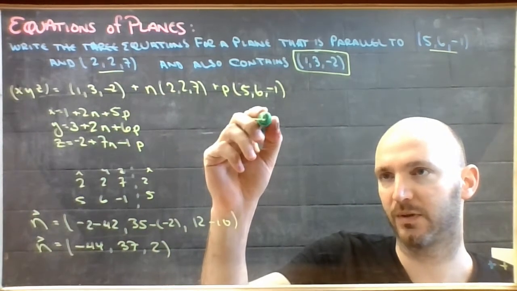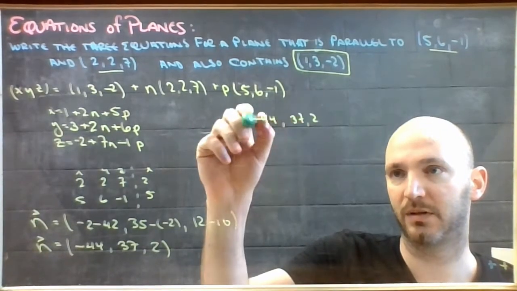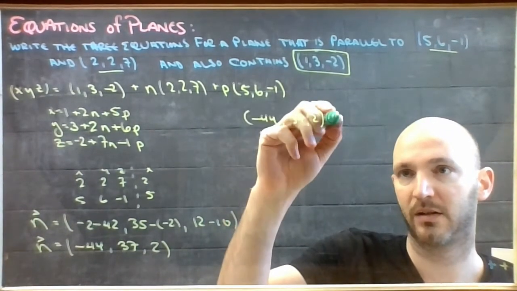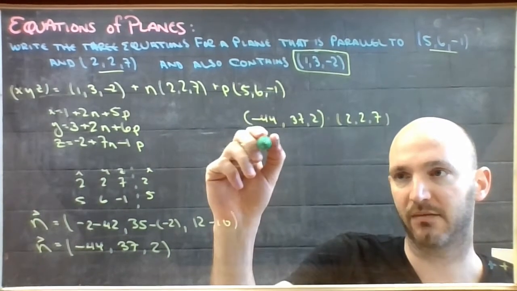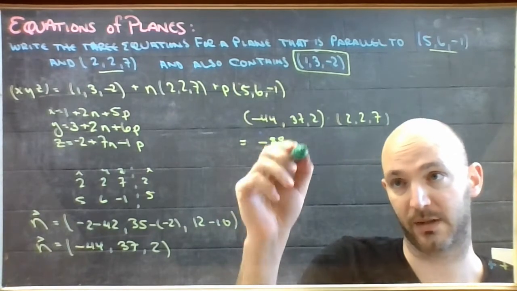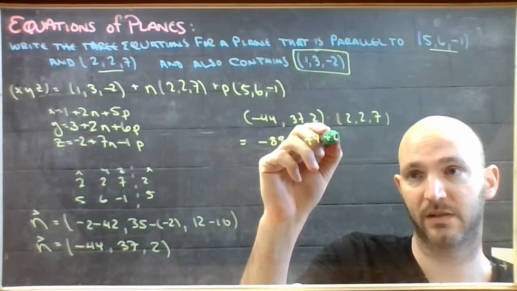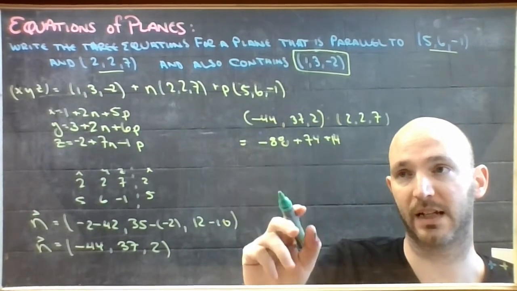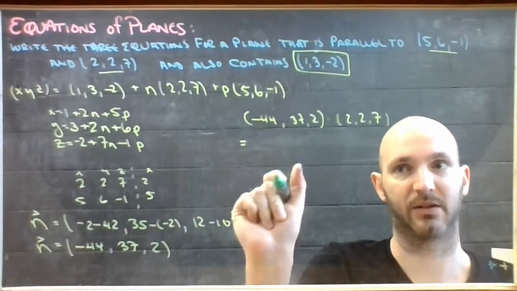So -44, 37, 2 dotted with 2, 2, 7 would be -88 plus 74. 2 times 7 is 14, 14, 78 or 88, so that one worked. So that added to 0.